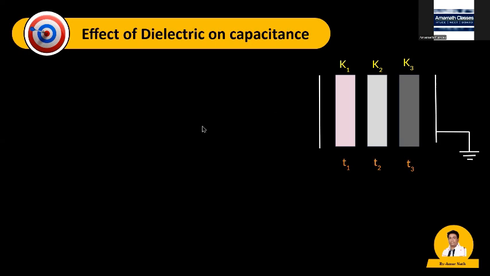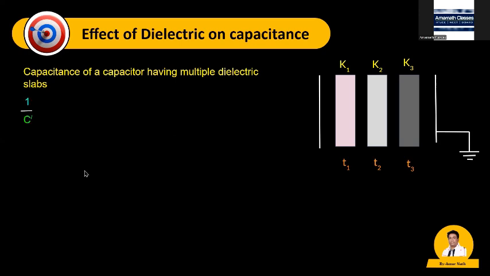That is why, for the capacitance of a capacitor having multiple dielectric slabs, what we can do is, 1 by C dash, where C dash is the equivalent capacitance, is equal to 1 by C1. So what is C1? That part's capacitance. The capacitance of this capacitor between these two surfaces will be K epsilon naught A by D, where K is K1 here, epsilon naught A by T1.